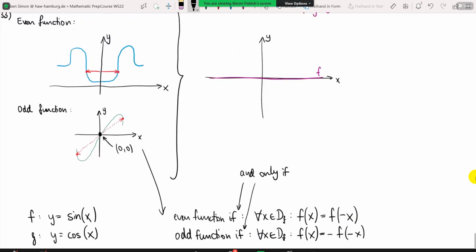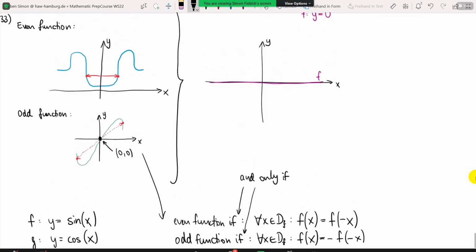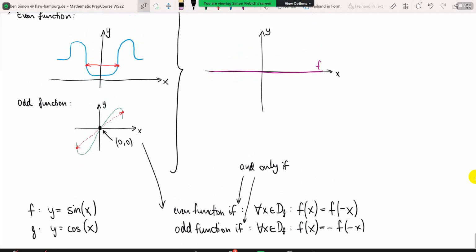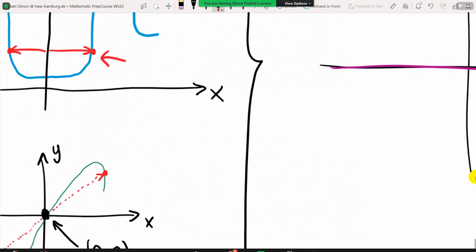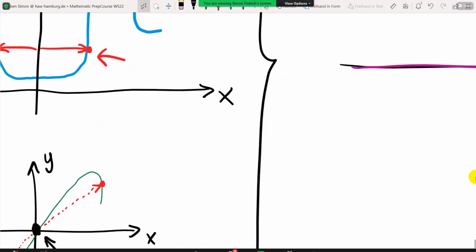How can we explain this quickly? So let's say this red dot on the right has a certain x coordinate. This, of course, is the x coordinate xi of this point, and that's why it has the coordinates xi and f of xi.